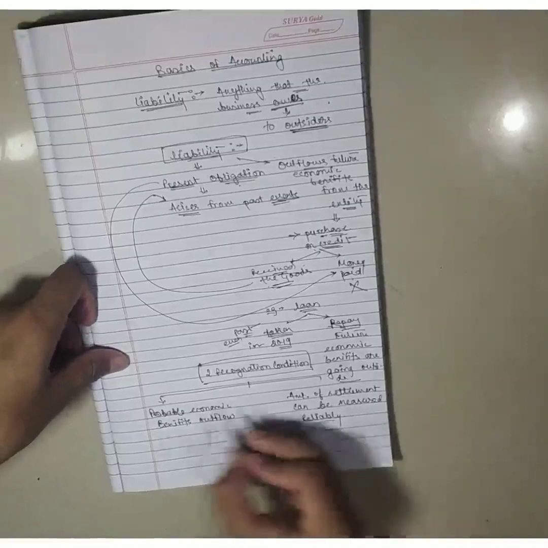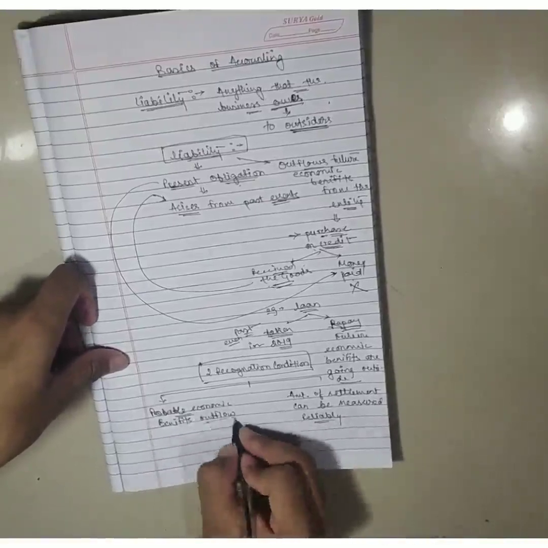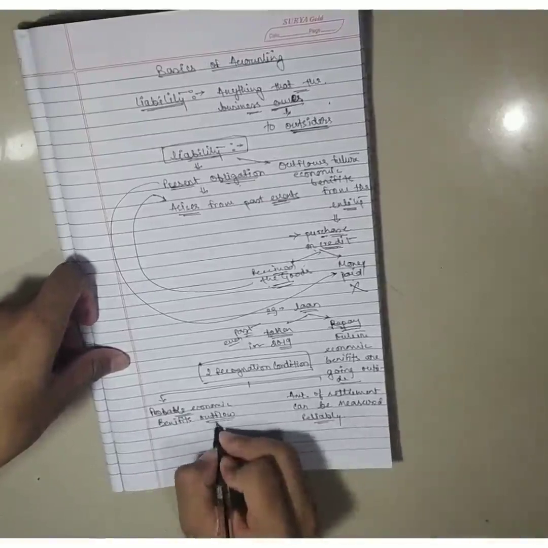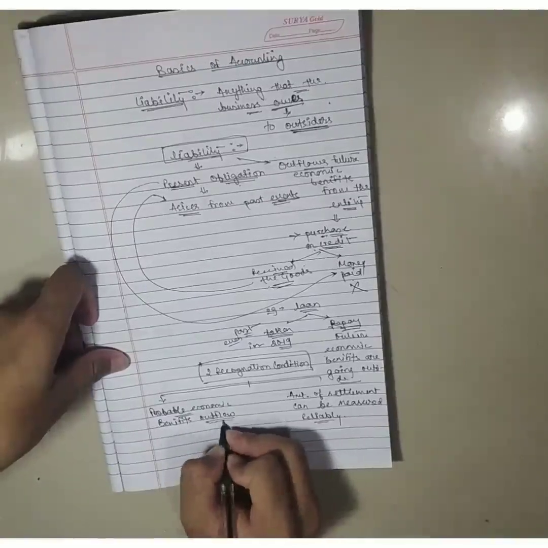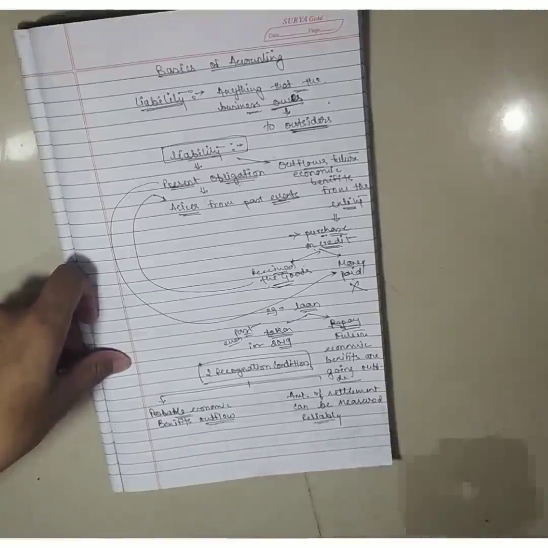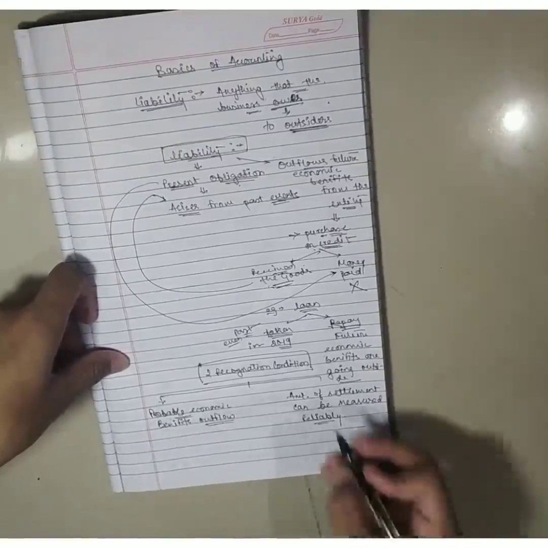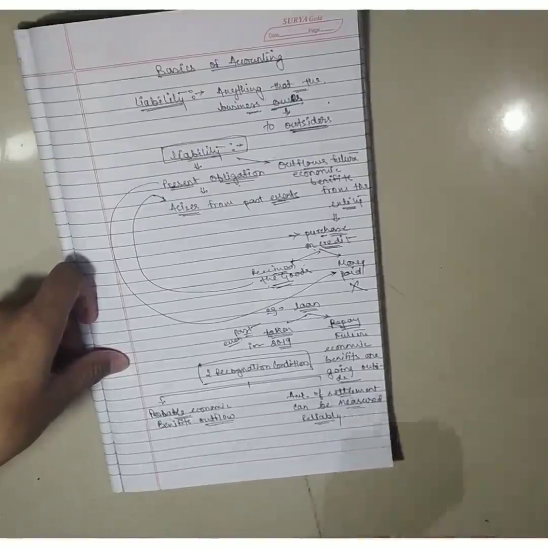Same as assets, same to same. The only thing is, in assets there was inflow and here it is outflow, because it is the opposite of assets. Assets are favorable for the business and liabilities are unfavorable, correct? So a probable economic benefits outflow should be there and it should be measurable in monetary terms, right?